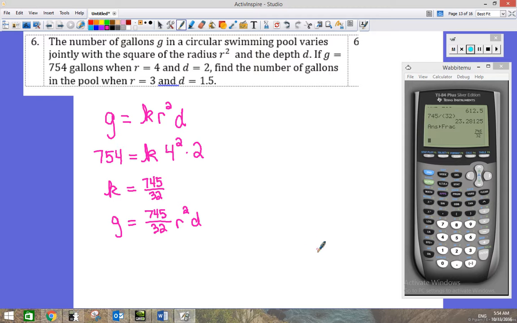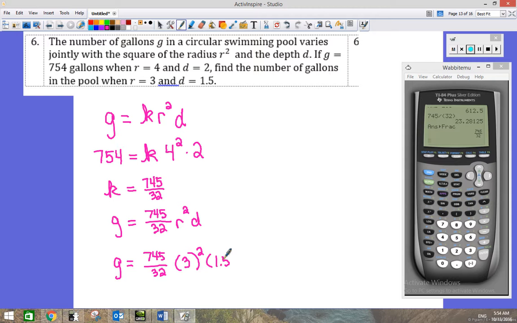Alright, so now it's asking me to use this equation to find the number of gallons for a circular pool that has a radius of 3 and a depth of 1.5.